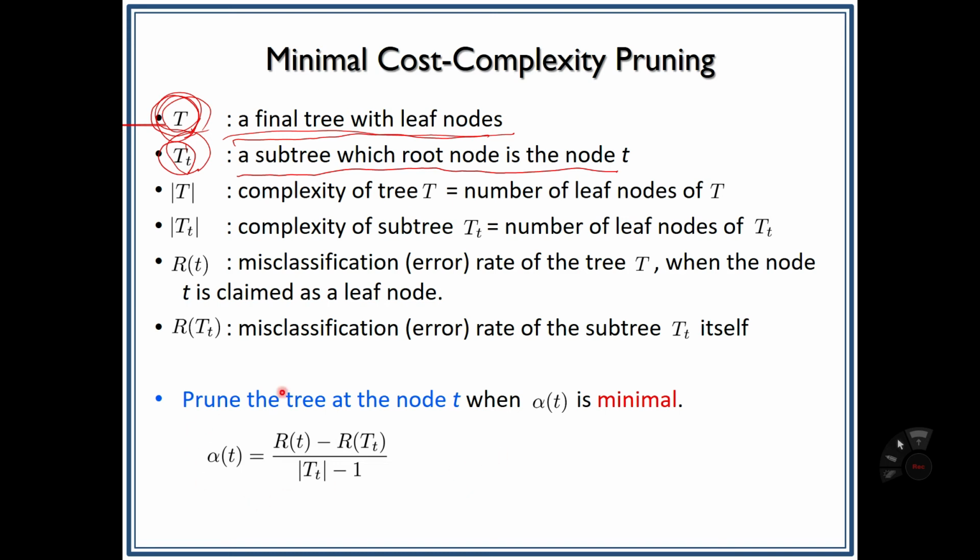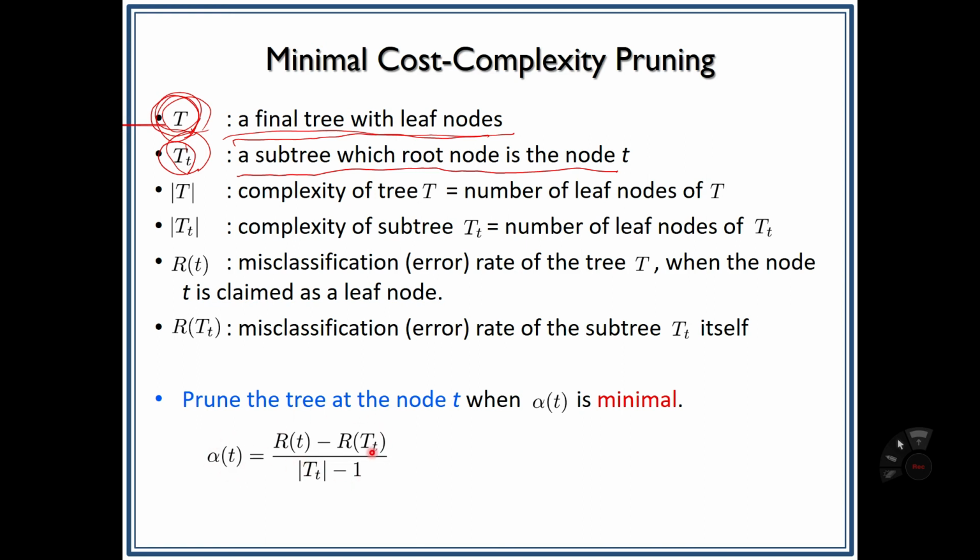Then what does this quantity mean? Where do we want to make pruning? This alpha t means that we want to prune out as many leaf nodes as possible, right? If this one is big, this value is small.